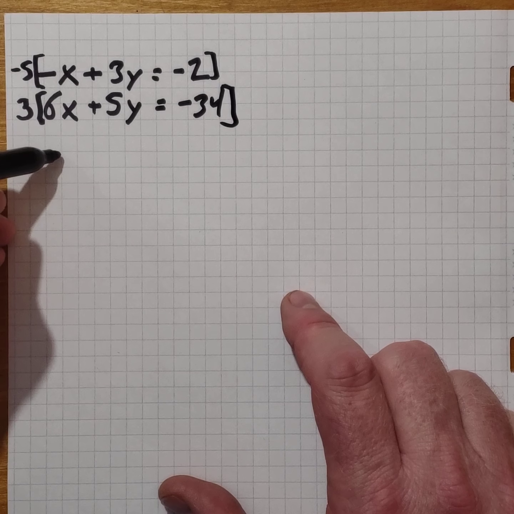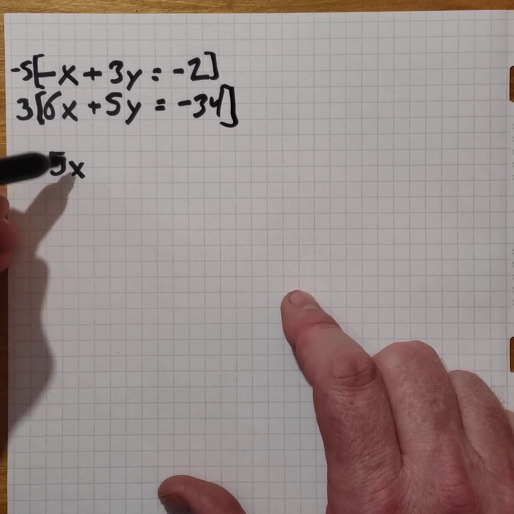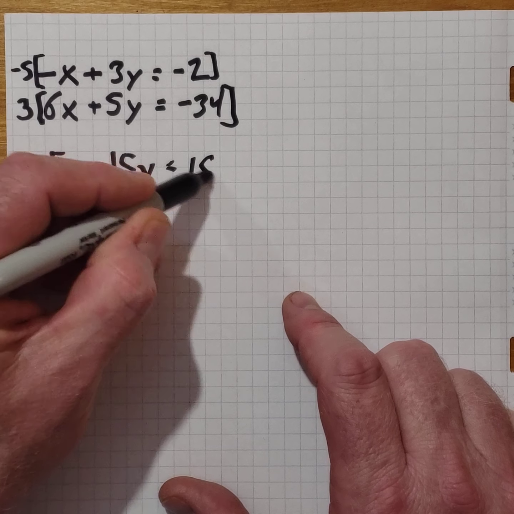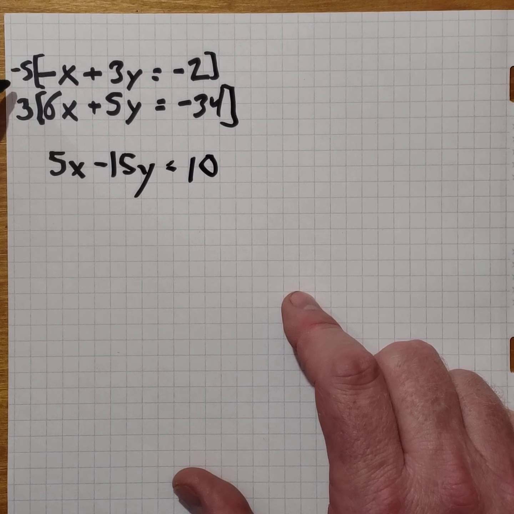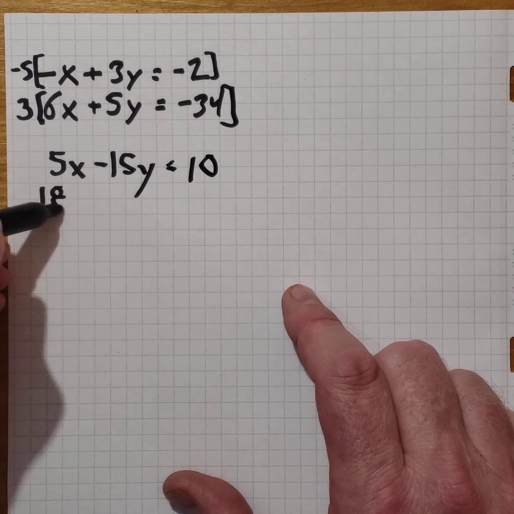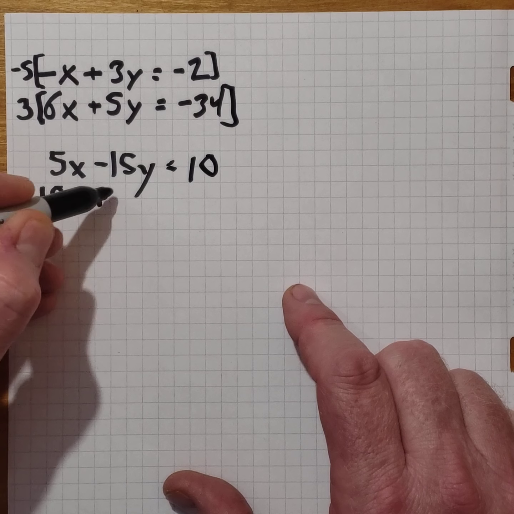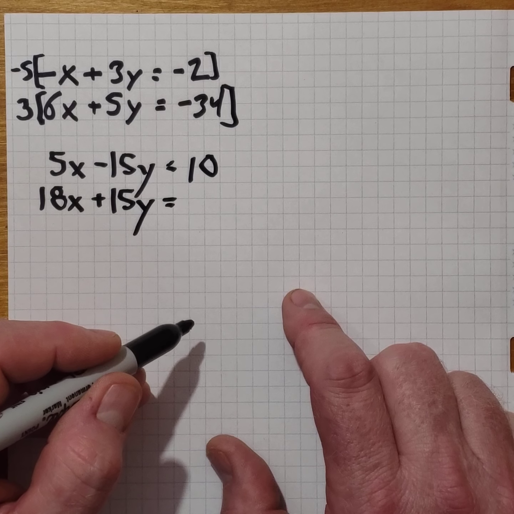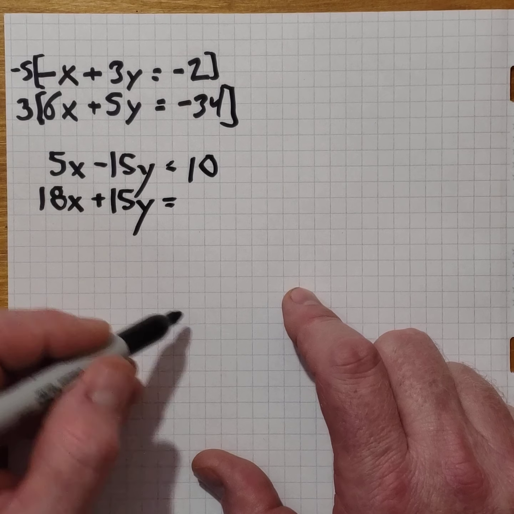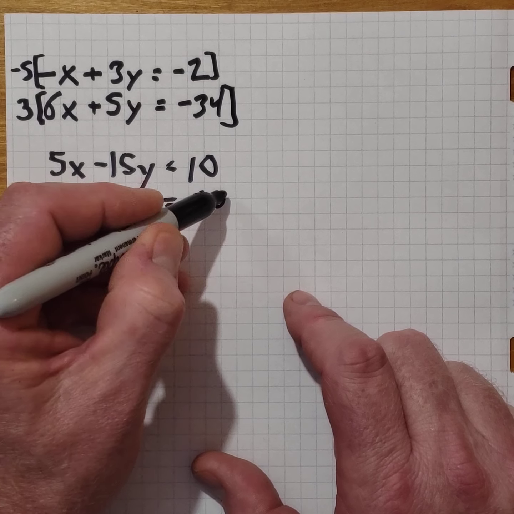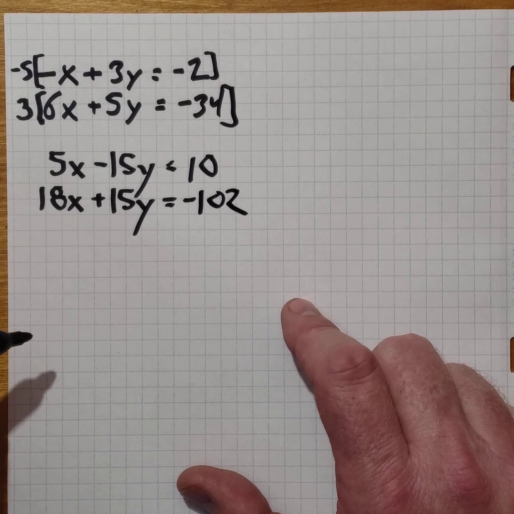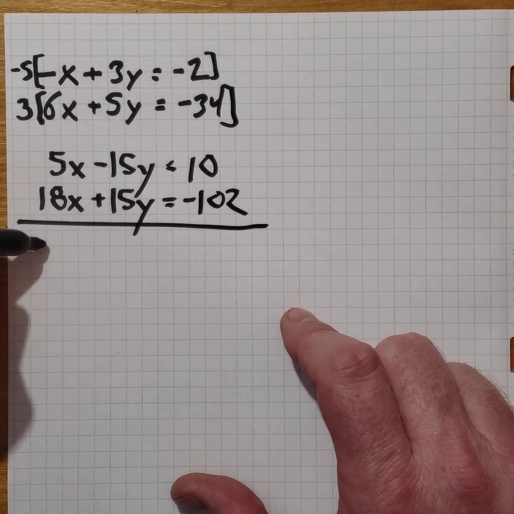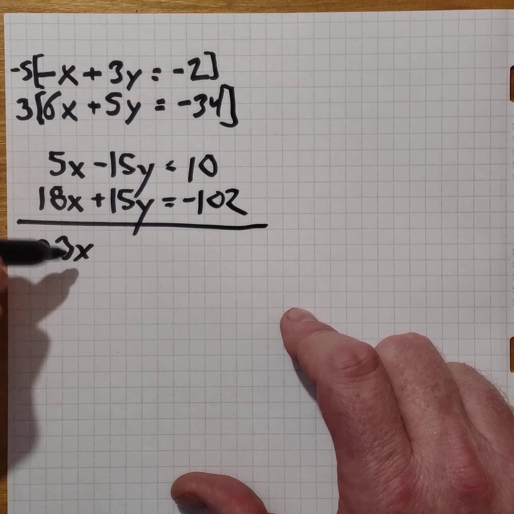So negative 5 there will give us positive 5x minus 15y equals positive 10. That's what we get from the top one. The bottom one will get 18x plus 15y equals 3 times 34 is 102, so negative 102. When we add these together, we're going to get 23x.